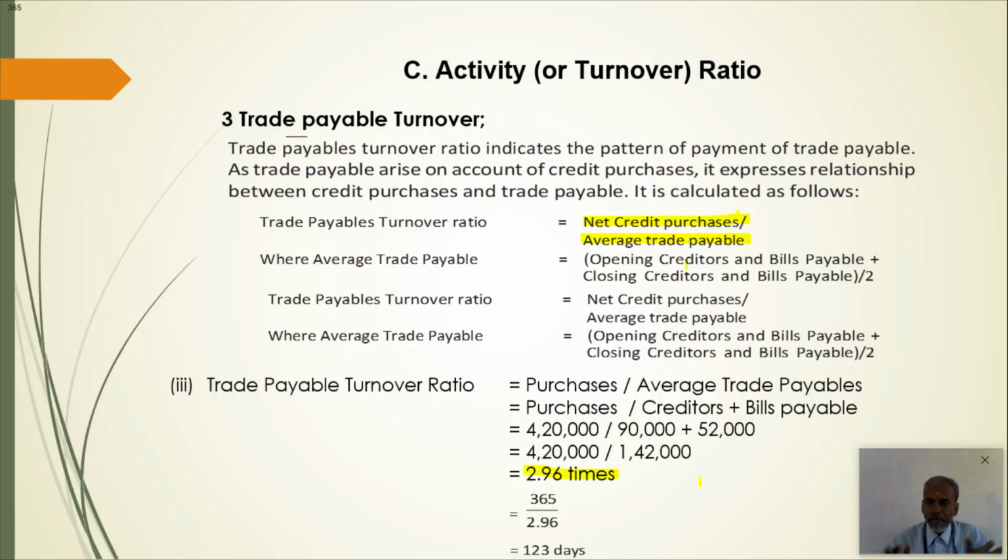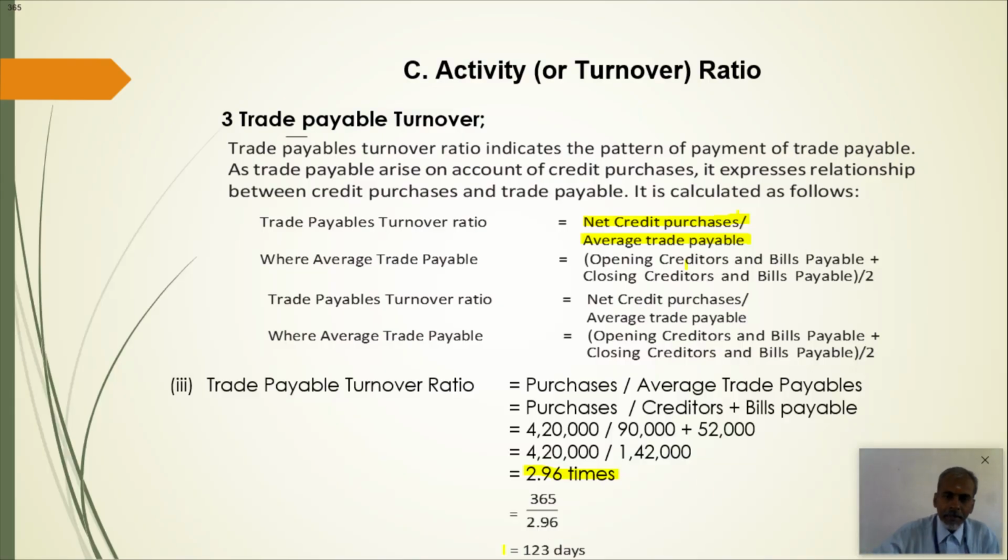So the spinning mill industry has its own credit period. Maybe groundnut oil has a different credit period. So the collection period varies according to the nature of industry.